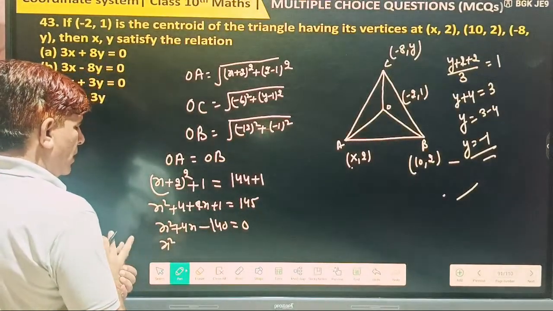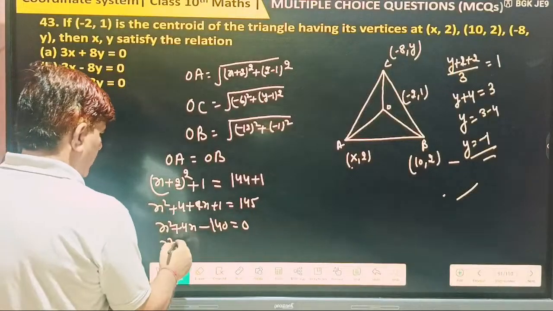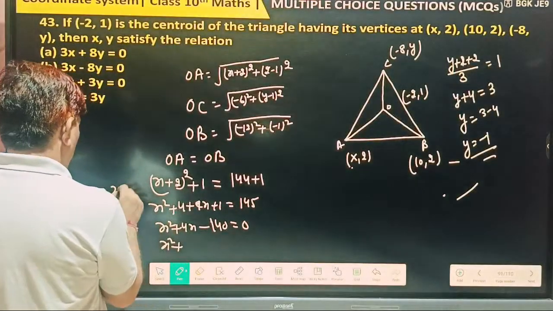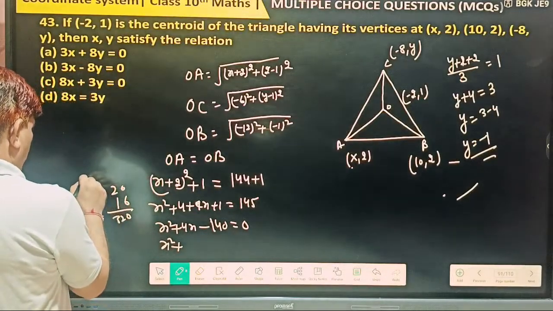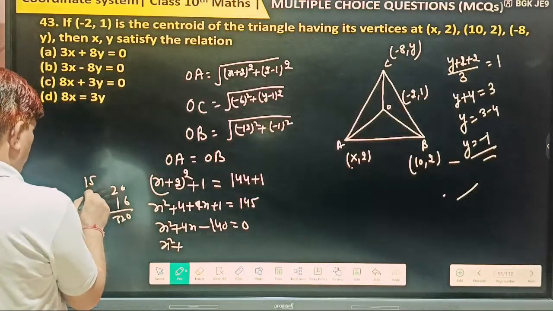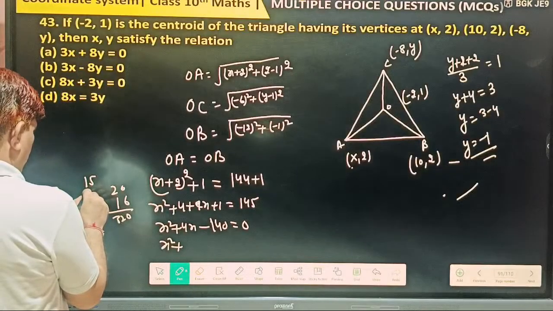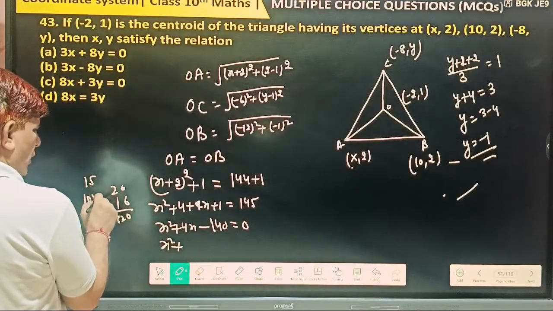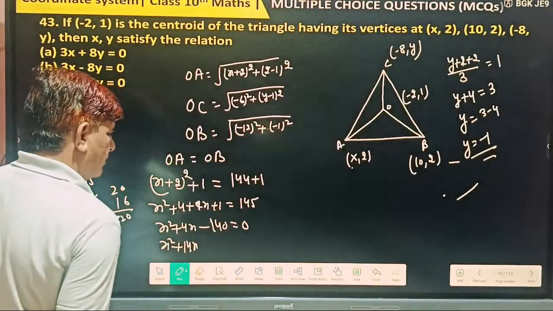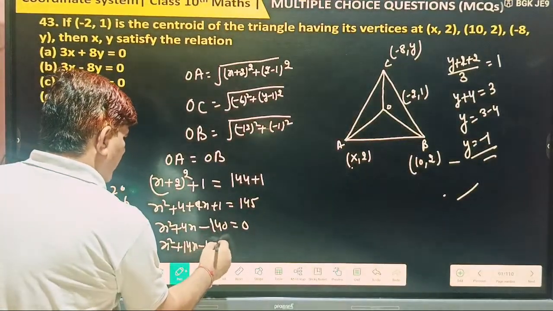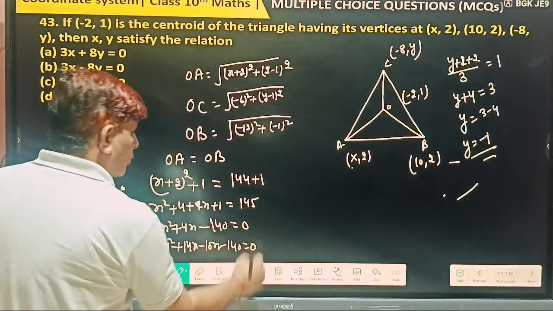What's its factor? x square plus 14x minus 10x minus 140 equal to 0.